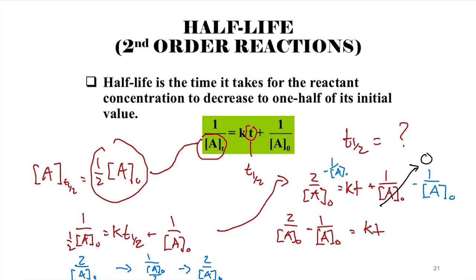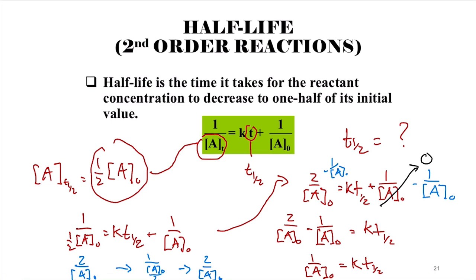So even though there's a variable down here, whatever the initial concentration is, you're treating it as if you're just subtracting 2 fractions where the denominator is just any number. Right, so that simplifies to 1 over the initial concentration is equal to KT1/2, sorry. I didn't write the 1/2s for all of these.